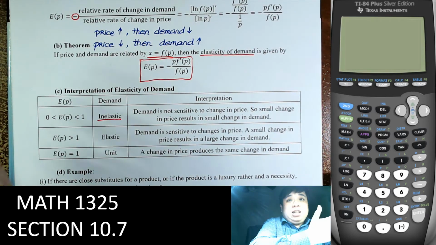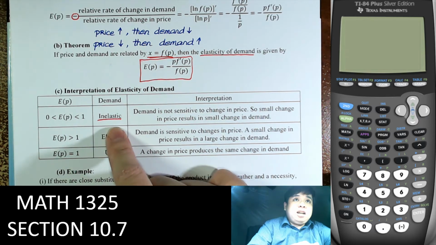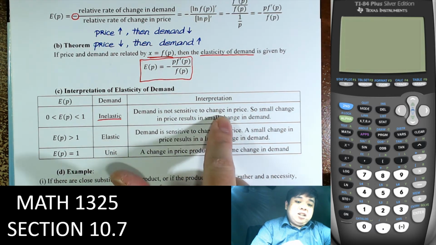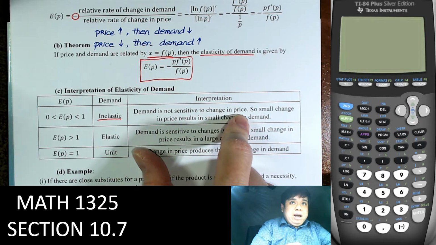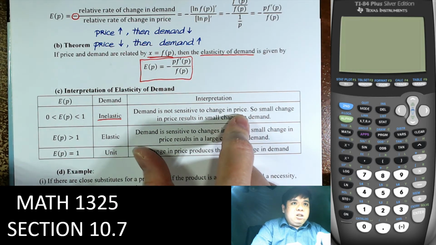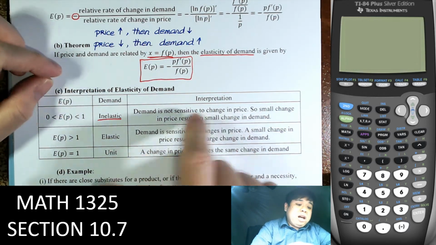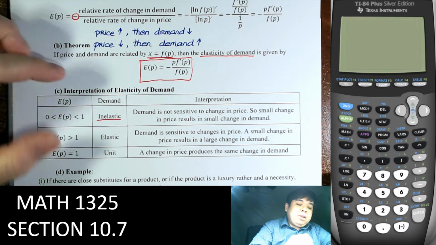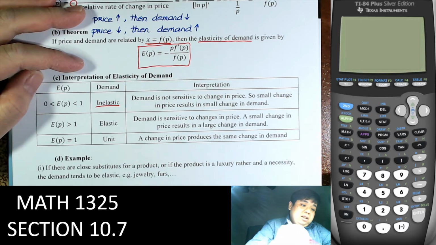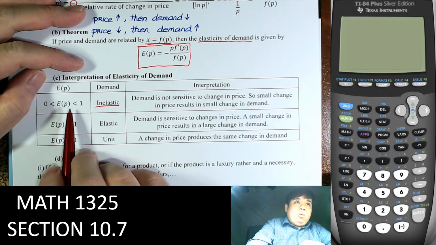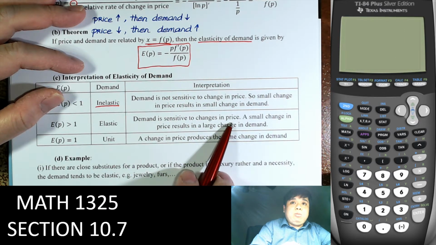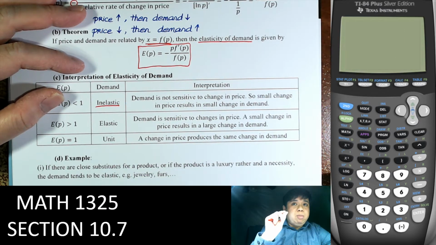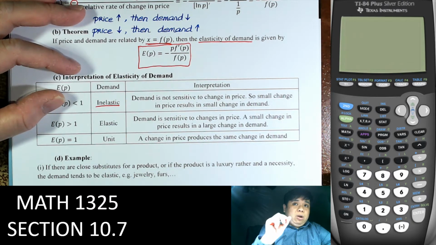So inelastic is where the demand is not sensitive to the change in price, meaning if we increase the price, the demand will stay the same. If we decrease the price, the demand more or less stays the same. That is called inelastic, and that is where the elasticity is between 0 and 1. Elastic is where the demand is very sensitive to the change in price. If we increase the price by a little, the demand will decrease by a lot.